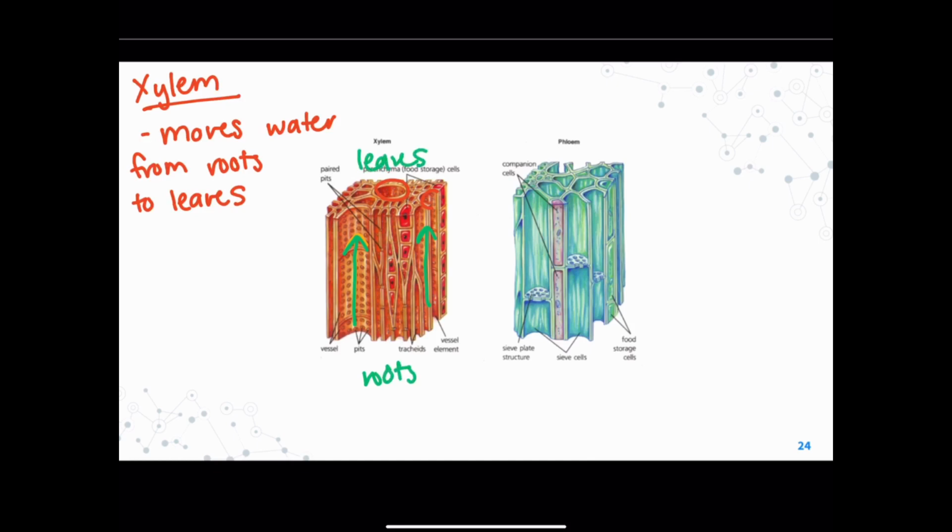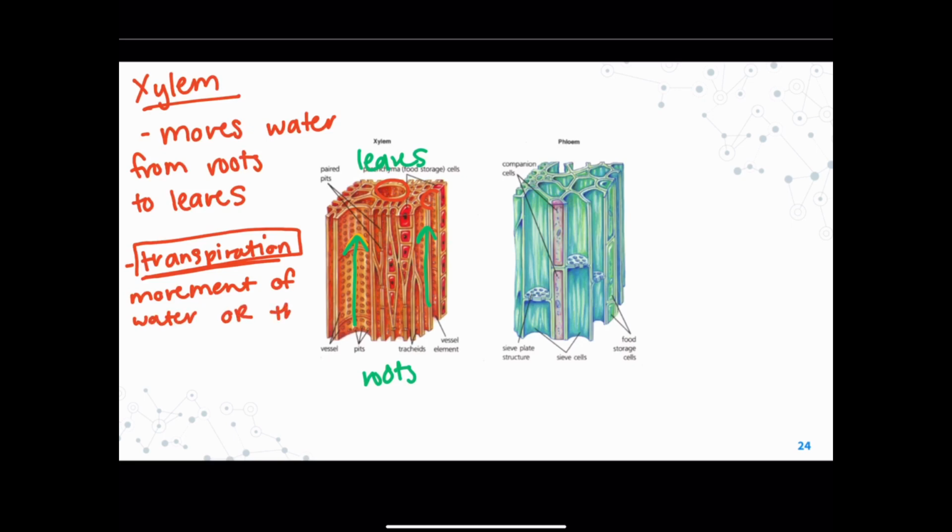So we call it unidirectional. And this process of moving water is called transpiration. If you remember that word transpiration, it means the movement of water, or the evaporation of water from the plant.